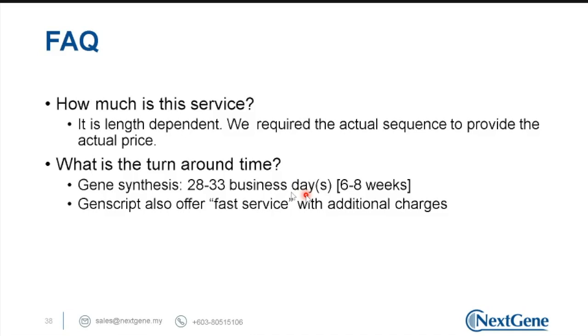This is normally the time required for gene synthesis plus the subcloning into the vector. If you need the final product urgently, GenScript also offers a fast service, of course, with additional charges.